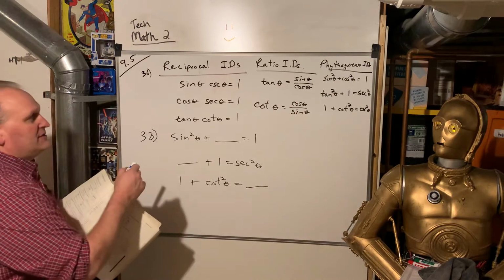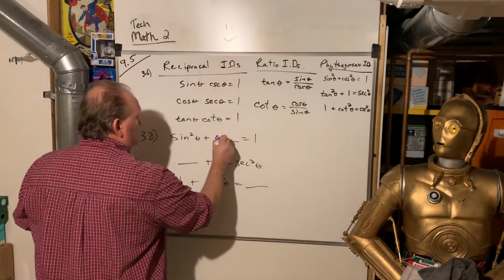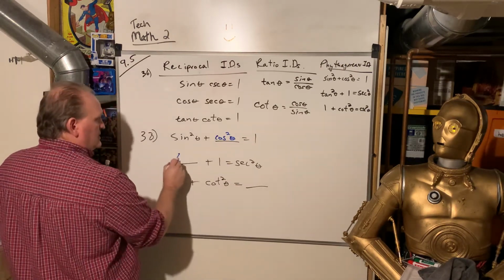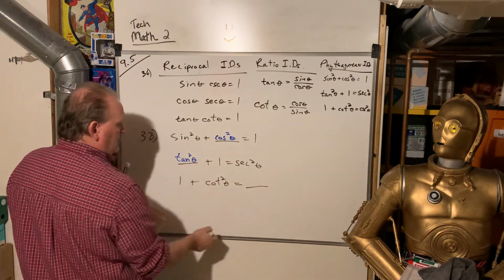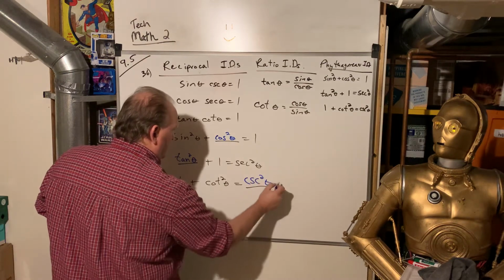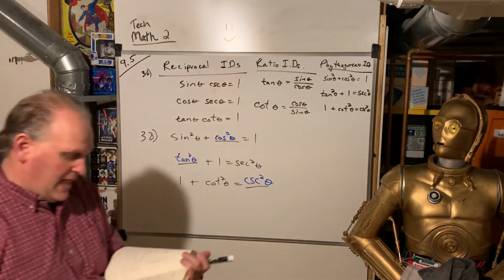So all three of those are just the Pythagoreans, right? So sine squared plus cosine squared is equal to 1. And tangent squared plus 1 is equal to secant squared, and 1 plus cotangent squared is equal to cosecant squared. So we just had to finish those little pieces for 38.